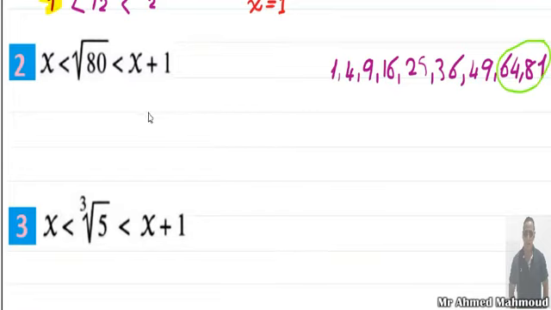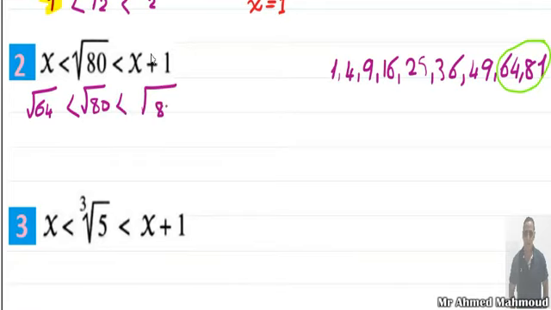Then root 80 is greater than root 64 and smaller than root 81. Then root 80 is greater than 8 and smaller than 9, so x here is 8. Don't forget to write x. X here is 8.